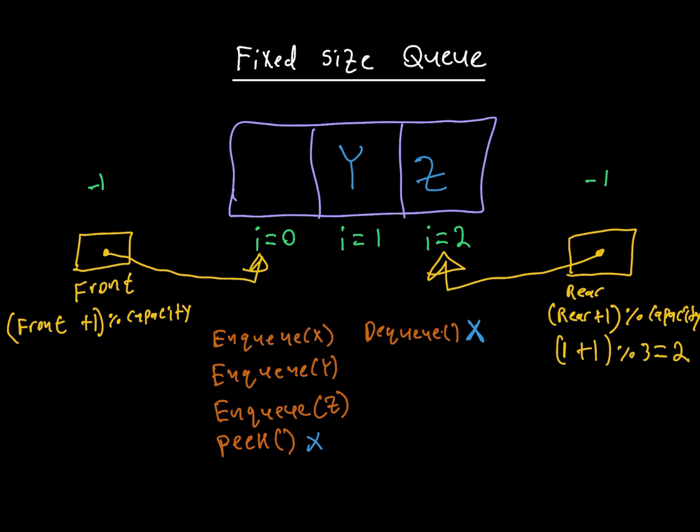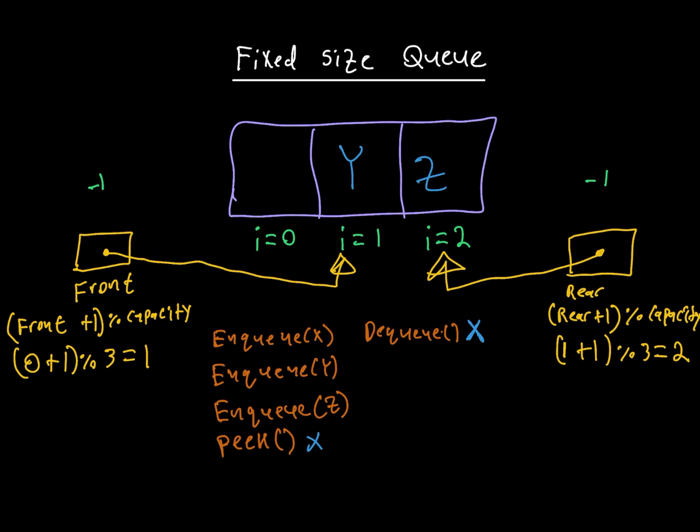It's currently pointing at 0, but we're going to increment it by 1, mod it by 3. That's going to give us index 1. So now front is pointing at y.